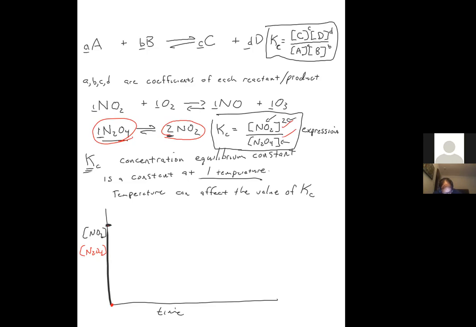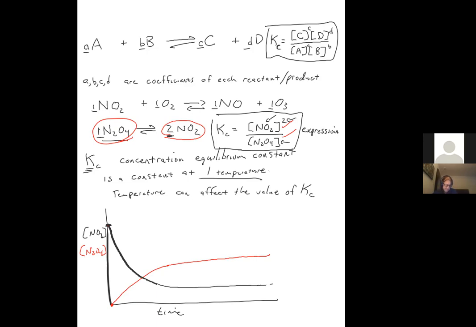So what will happen is the N2O4 will start to form, so it'll start going up, and then it'll kind of stabilize at some point. It won't change anymore. Whereas the NO2 starts up here, it's going to decrease really rapidly and then stabilize as well.